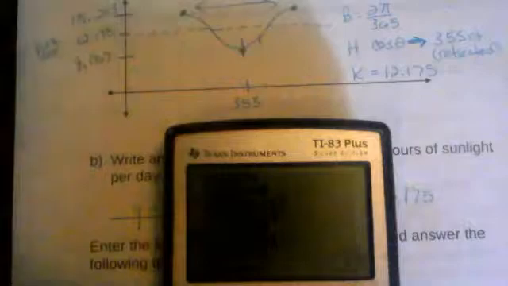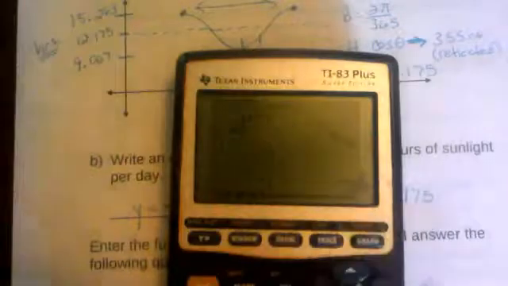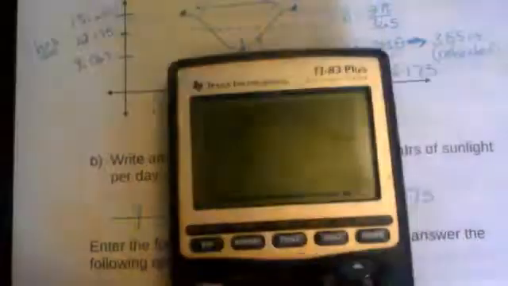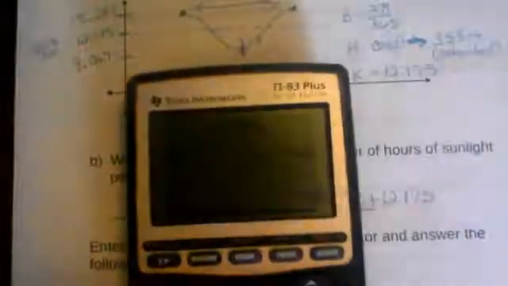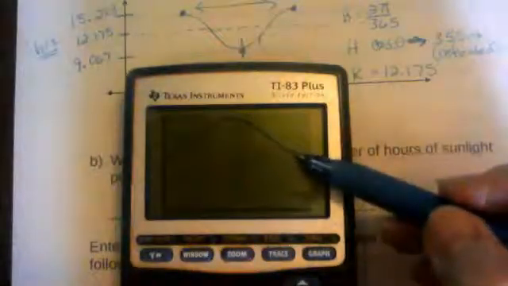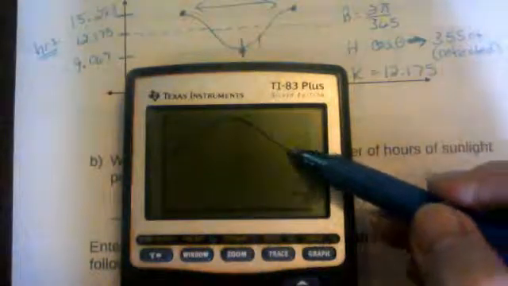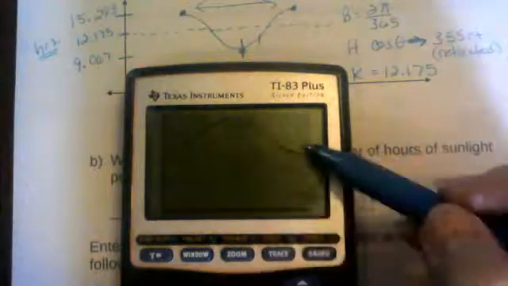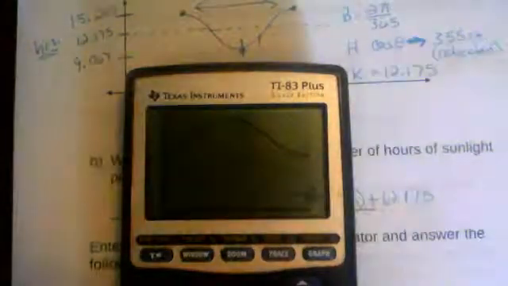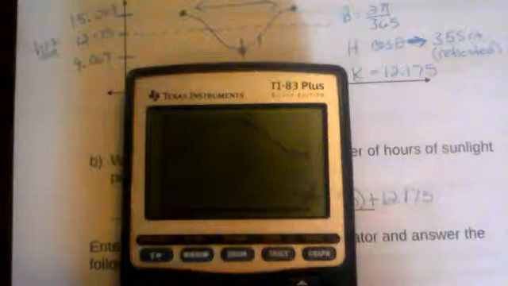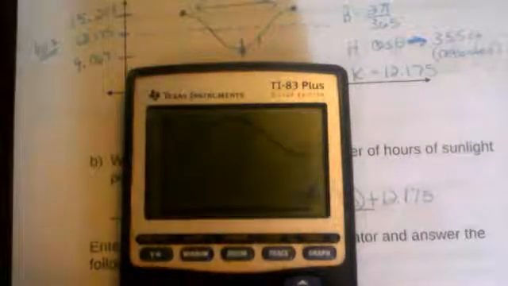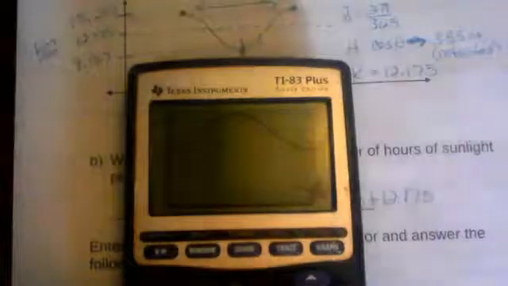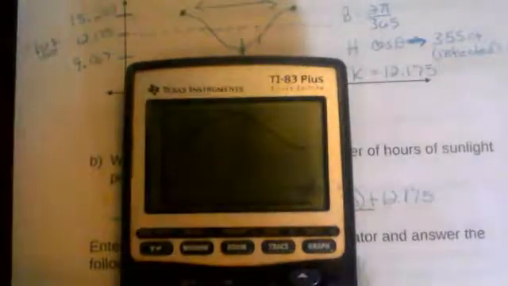So when I type it in, it's not going to graph exactly what I have in my window, because this over here is my 355. So this is everything that's happening before 355. You could make adjustments to that if you'd like, but I think that one year is probably enough to answer our questions.